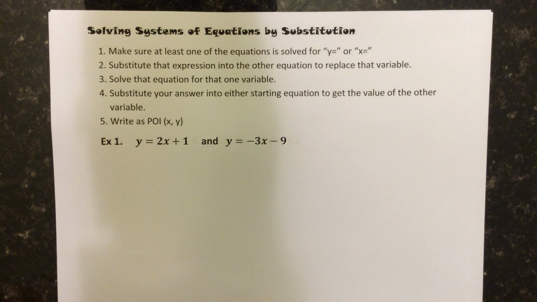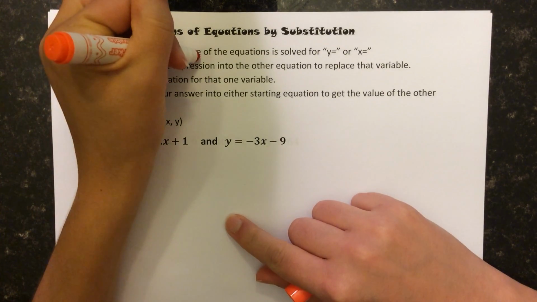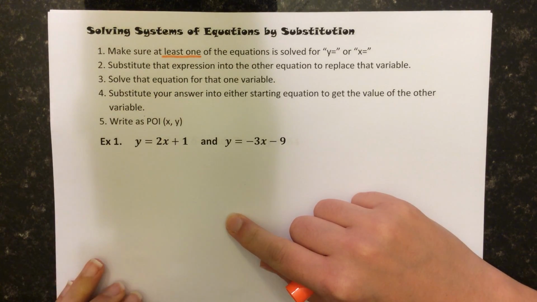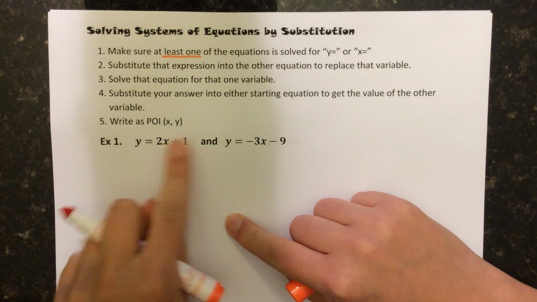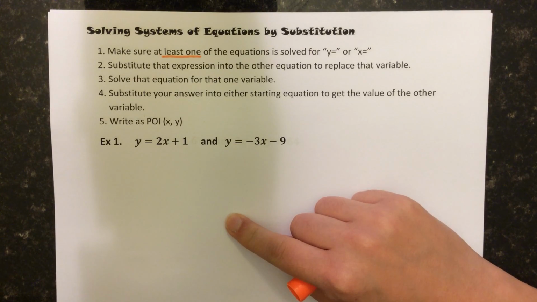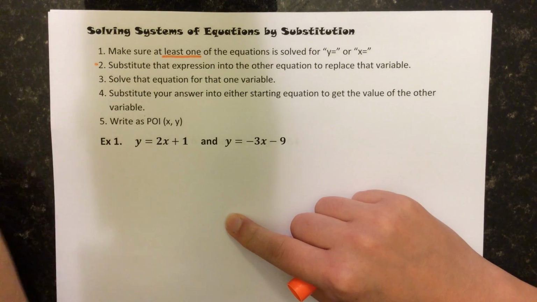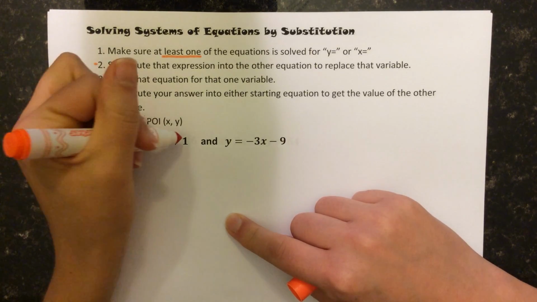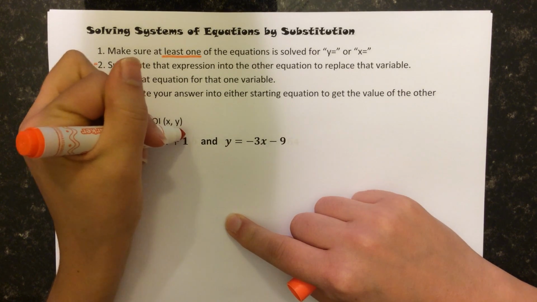Nothing too scary. So looking at exercise number 1, our first step is to make sure at least one of the equations is solved for y equals or x equals. And here, both of them are, so there's nothing to do there. Number 2 says to substitute the expression into the other equation to replace that variable.